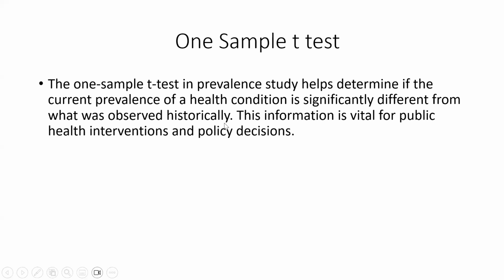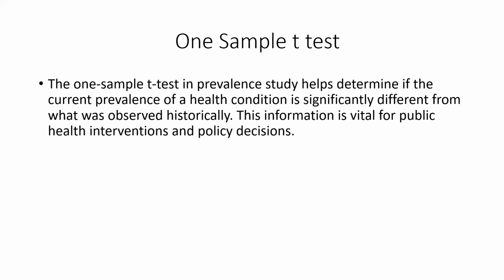For example, in 2024 you want to calculate the prevalence of diabetes mellitus, and in 2023 the prevalence was already calculated. In one publication, it is mentioned that the prevalence is 67%. Now we have to see if the current prevalence is significantly different from what was observed historically, which here means the 2023 prevalence.